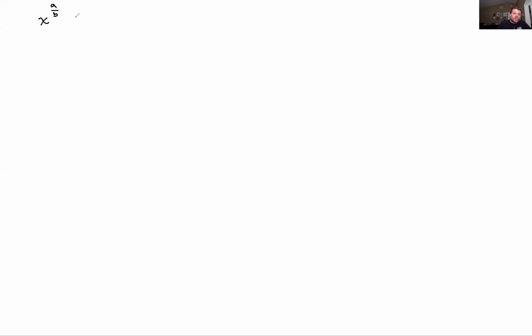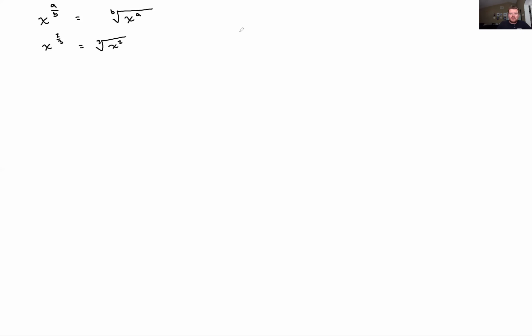And so the way to convert this is that whatever the numerator is, that is your power, so that would go here. And whatever the denominator is, that is your root, so that goes here. So x to the 2/3 is another way of writing the cube root of x squared.